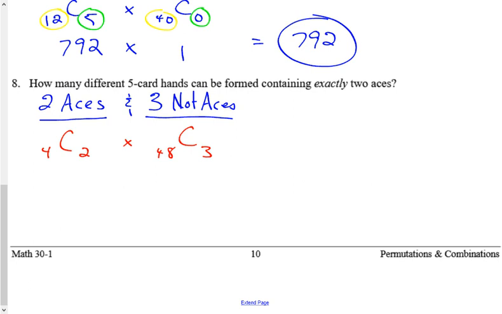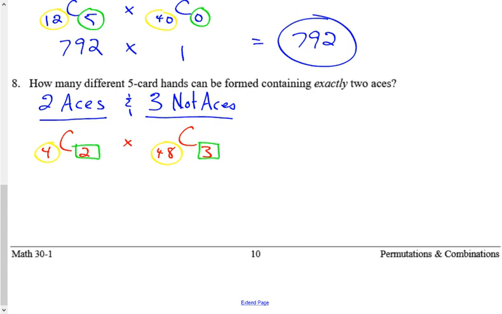So again, as we looked at in the previous question, what I'm choosing from adds up to the 52, the total deck. And how many I'm selecting, the 2 and the 3, adds up to my 5-card hand. I'm doing both things, so I'm multiplying.